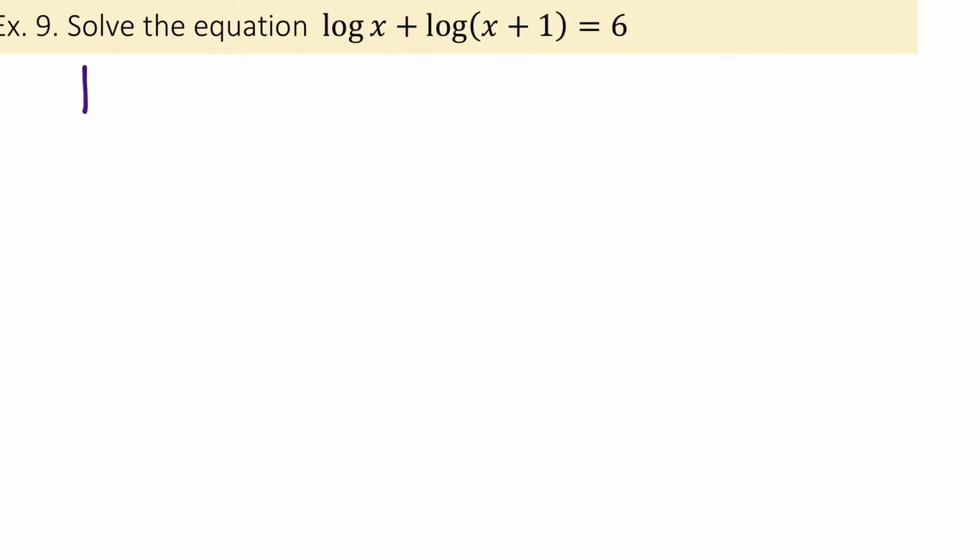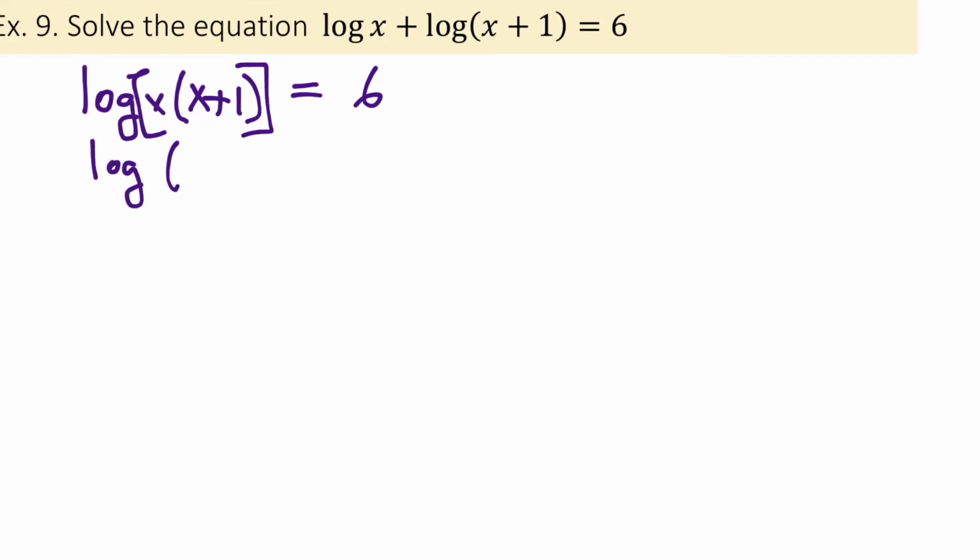So we've got log of x times x plus 1 is equal to 6. All right, so that's the same thing as log of x squared plus x is equal to 6. So in order to undo the log, we're going to raise everything by base 10.